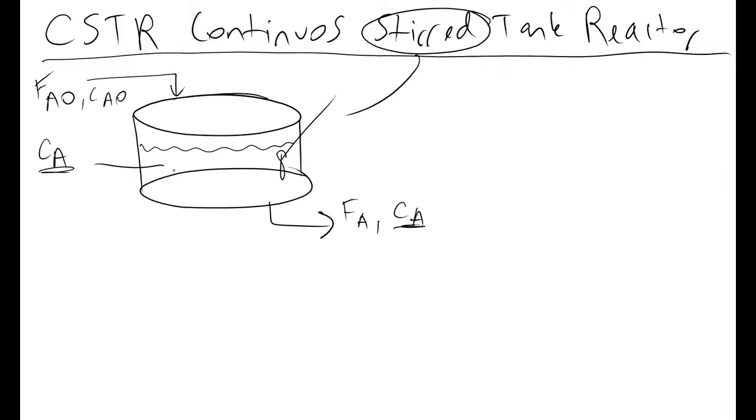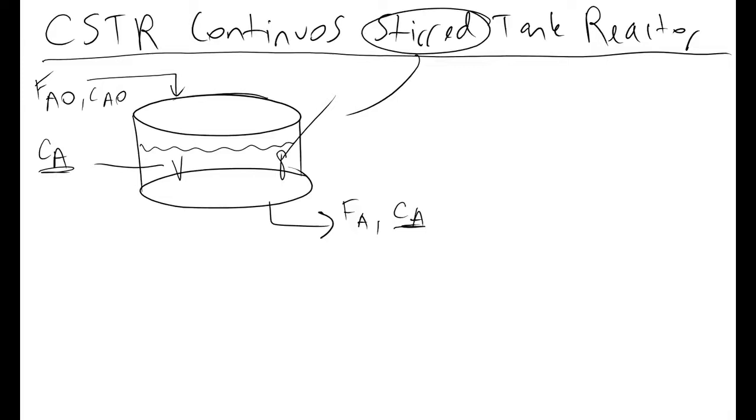And the CSTR will usually be some fixed volume V, and it has some concentration Ca. So what I'm going to do is derive the generic mole balance for a CSTR. The reason we would want to do this is so that we can have an idea of the interplay between the desired conversion, X, the volume, and the flow rates and the residence time.